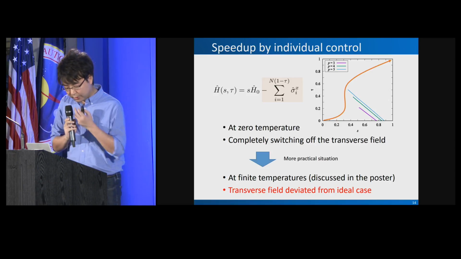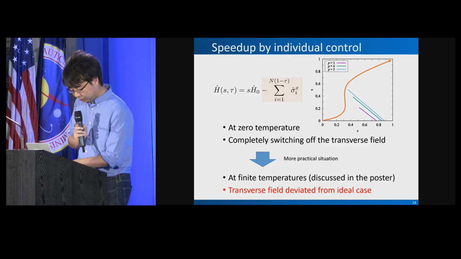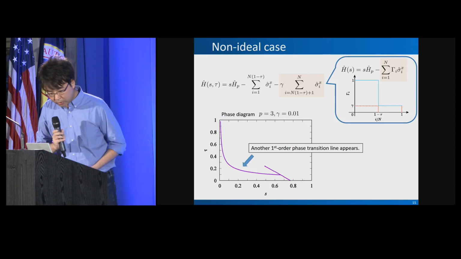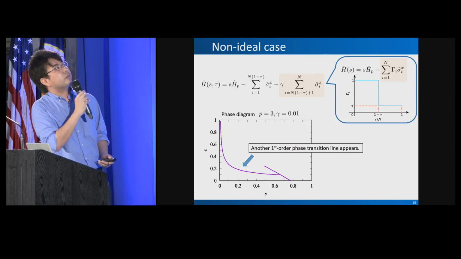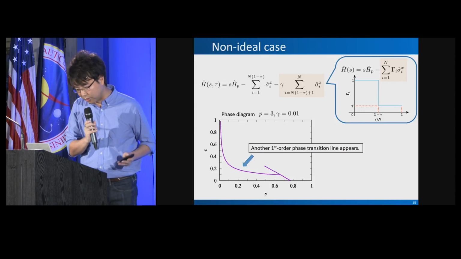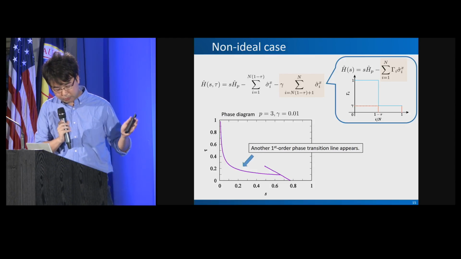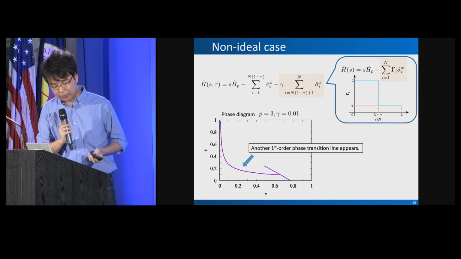So now we show the second case. This shows the non-ideal case, for when we cannot completely switch off the transverse field.